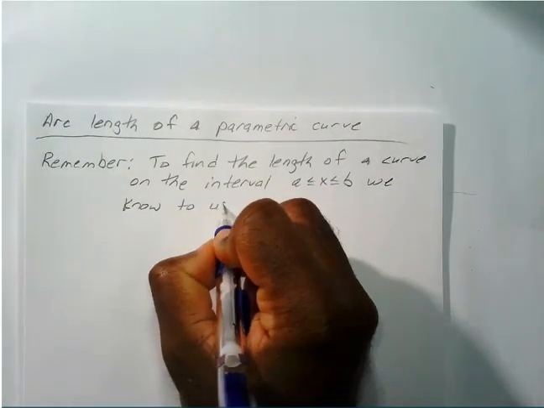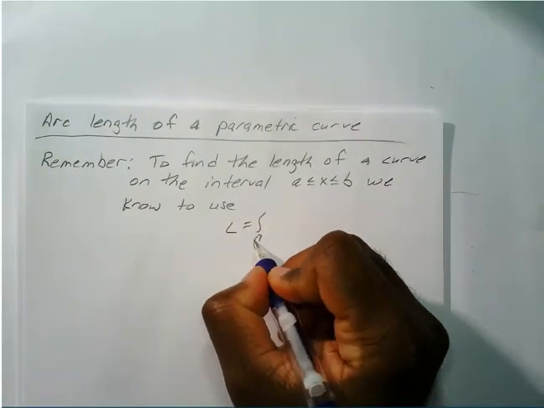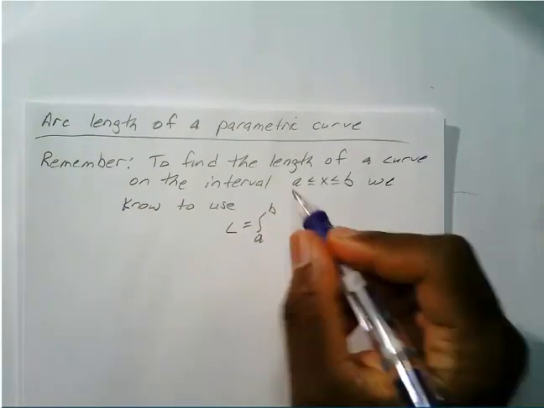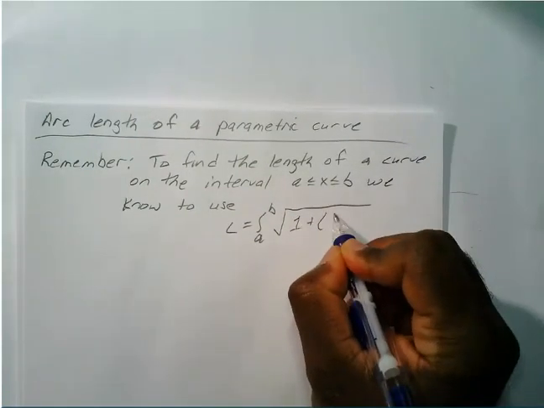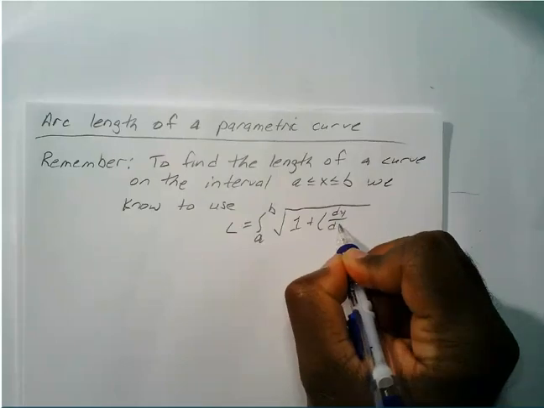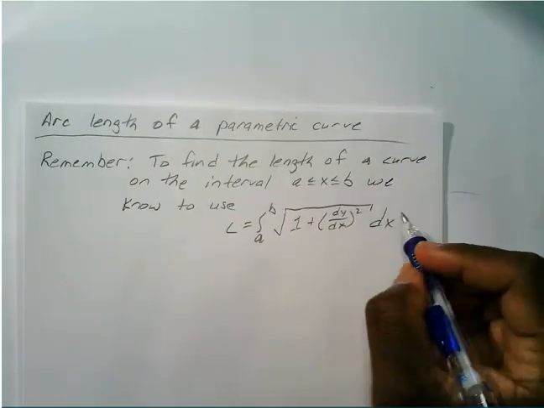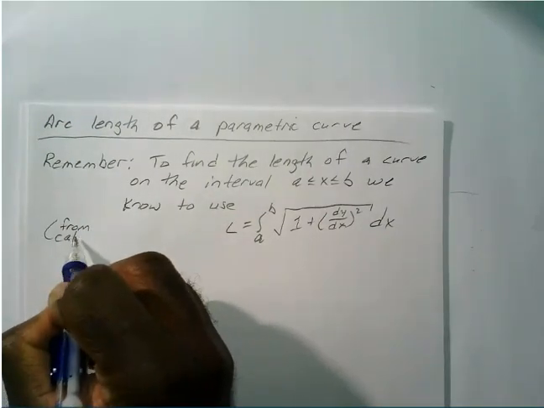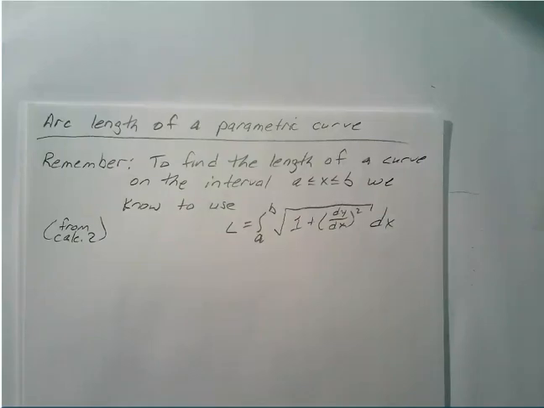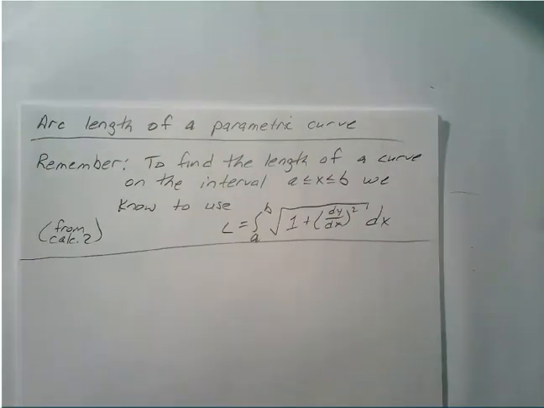We know to use length equals the integral from A to B of the square root of 1 plus dy dx squared with respect to x. And we know that's from Calc 2. So that's just a little reminder of where we're starting.